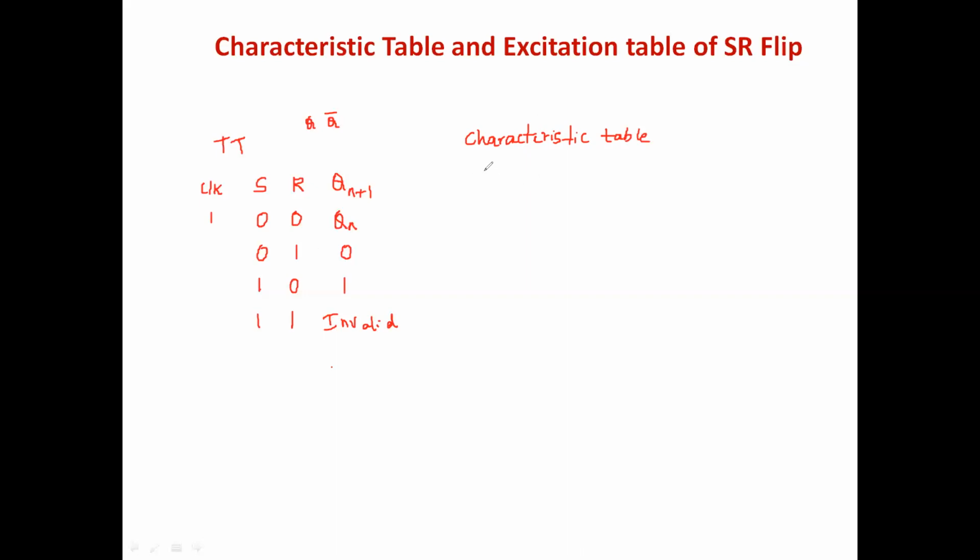So I have three inputs. What are those three inputs? Qn, which is the previous output, since it is nothing but the previous state, and the present inputs S and R. Let me predict the next output, or the output of the next state. So this is my output, and these are my inputs: present S and R, and Qn is the previous output. Since I have three inputs, I will have 2 to the power of 3, that is 8 combinations of inputs.